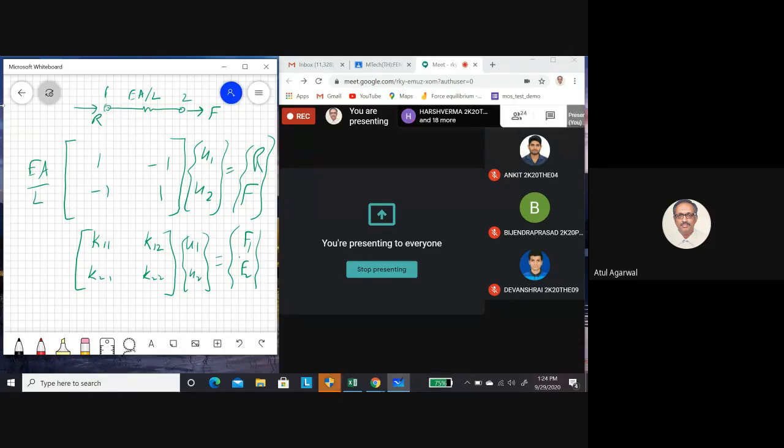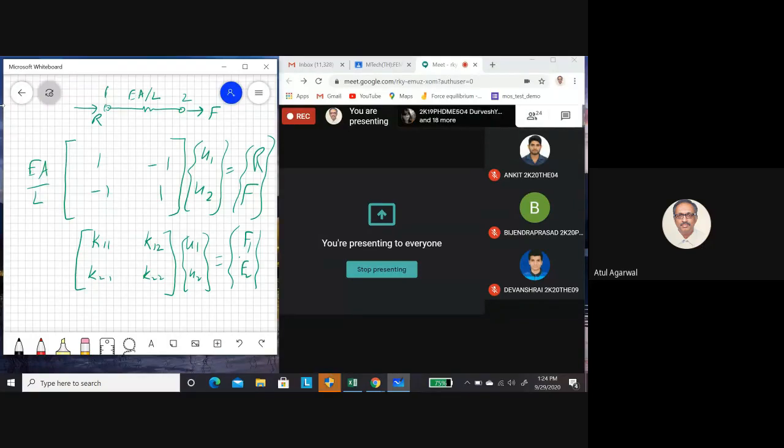How do you interpret? What is K11? Influence of node 1 on node 1. What is K12? Influence of node 2 on node 1. K22, influence of node 2 on node 2.